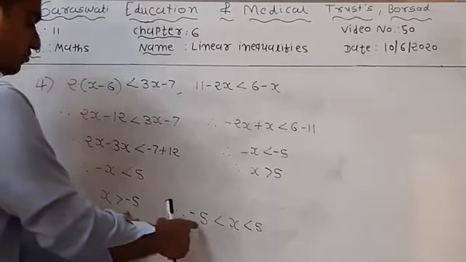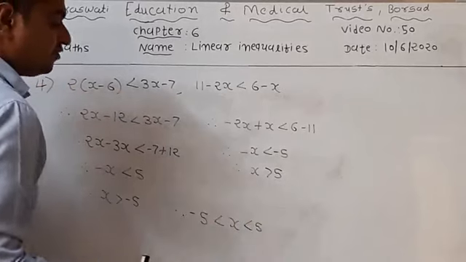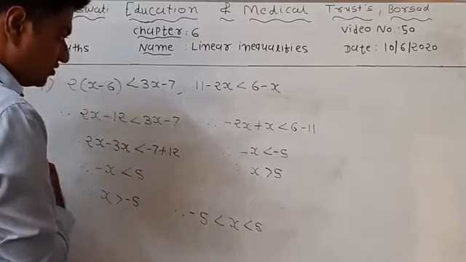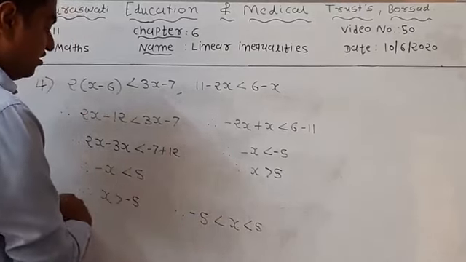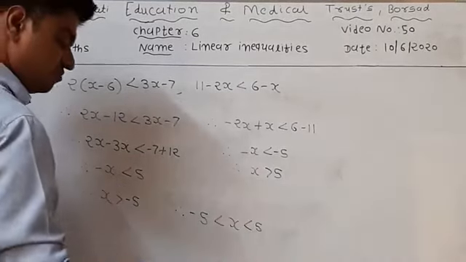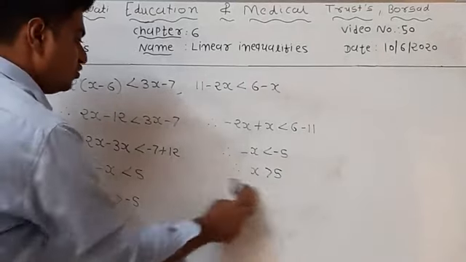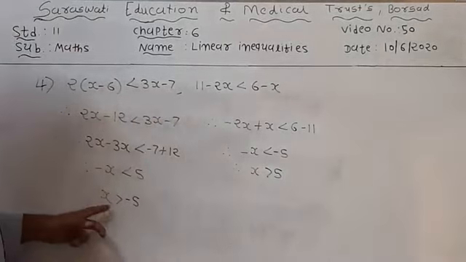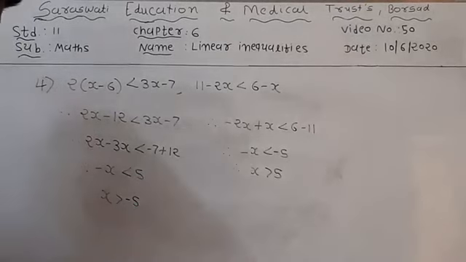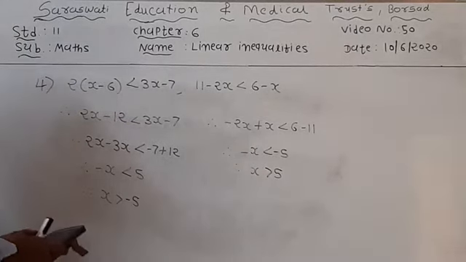But here x greater than minus 5 and x greater than 5 is the form present, so we cannot write it this way. So our final answer: x greater than minus 5 and x greater than 5. Next question.